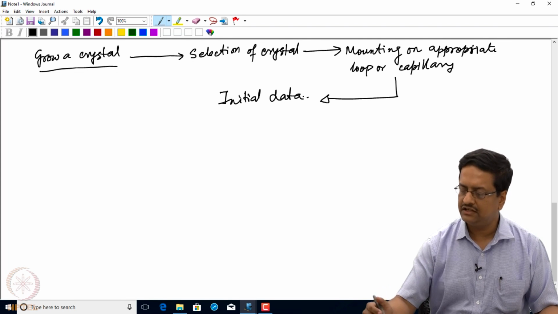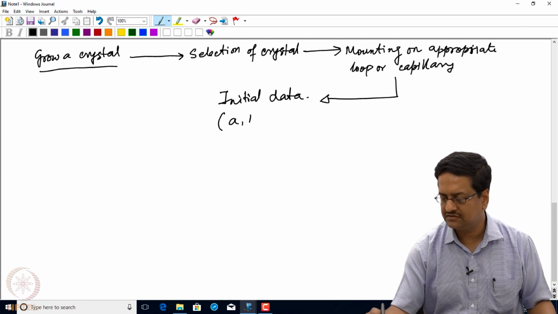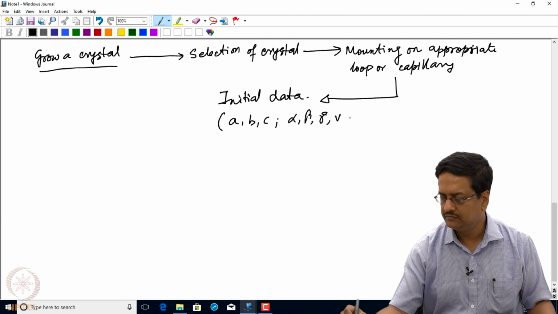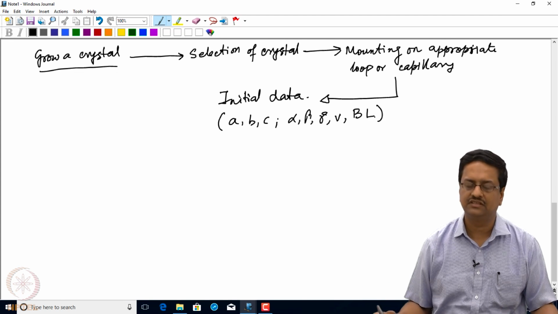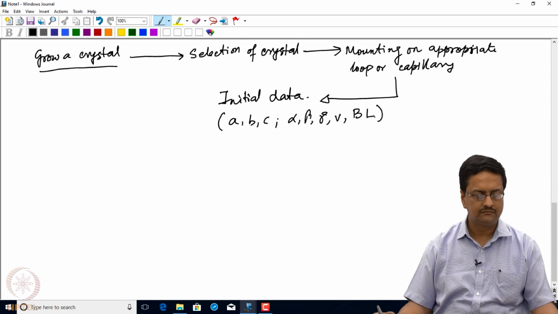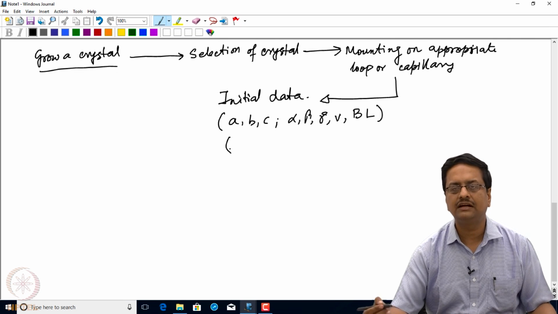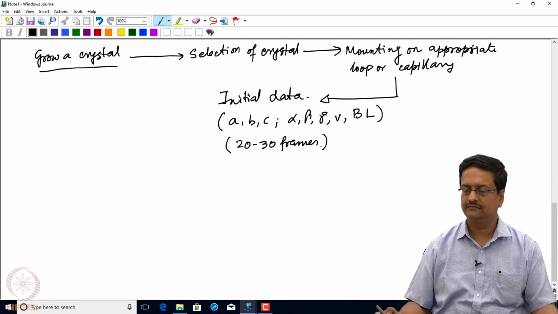So this initial data then gives us information about the unit cell parameters, volume and the corresponding Bravais lattice information as well. This is done with a very limited number of data, maybe about 20 to 30 frames or 20 to 30 images.